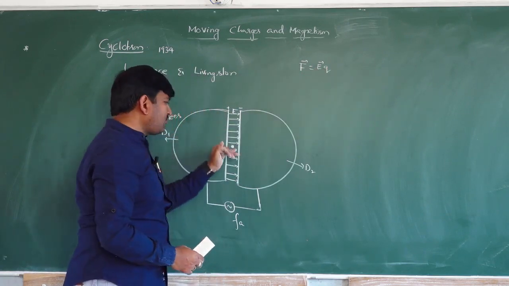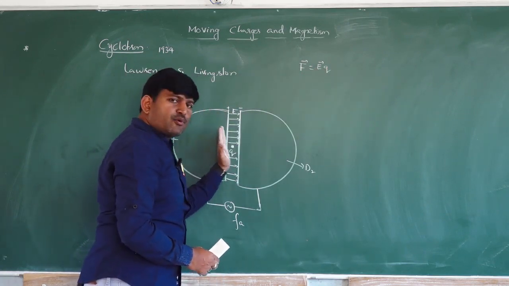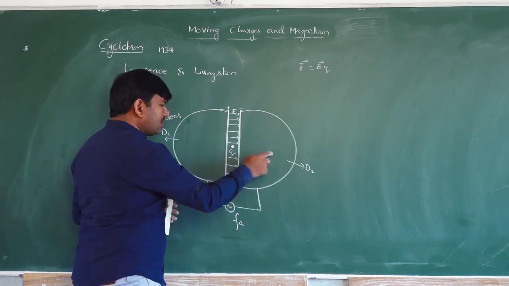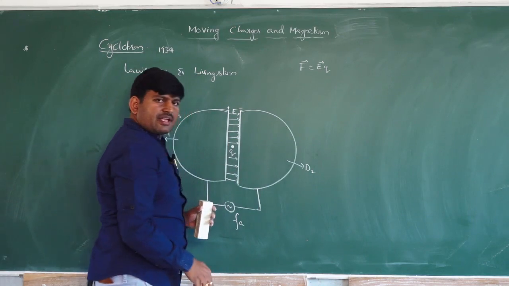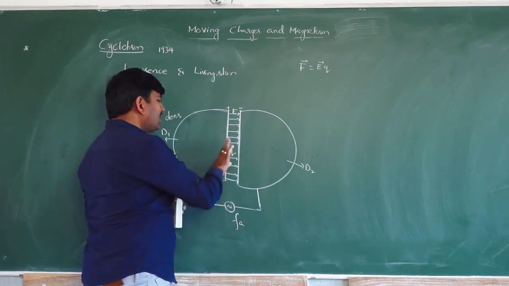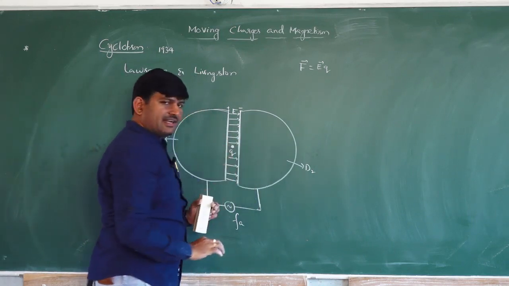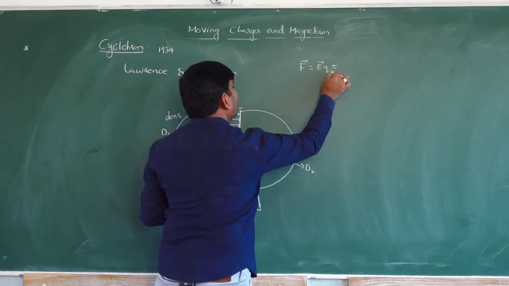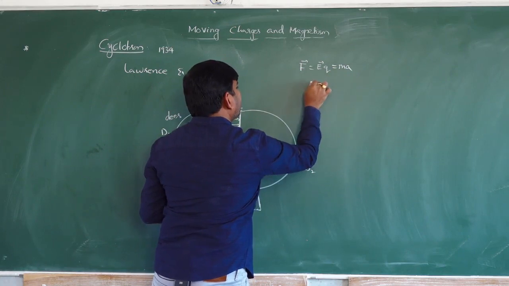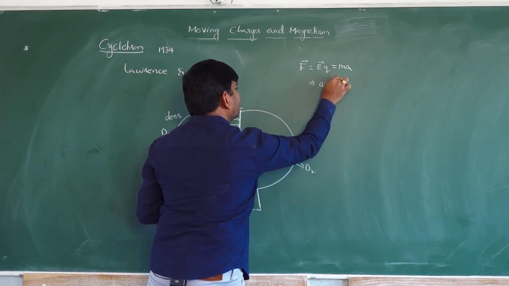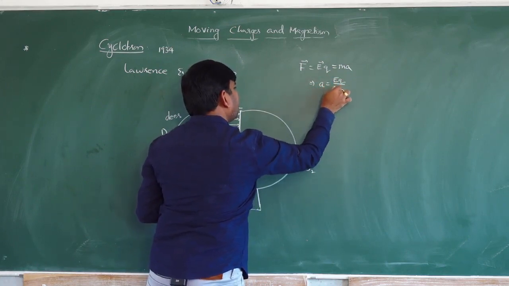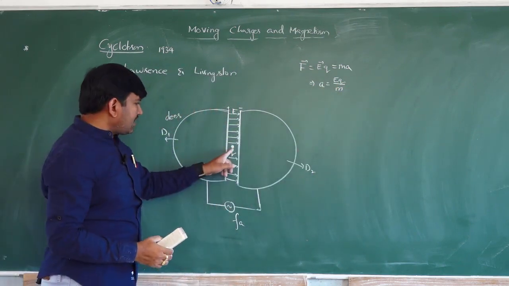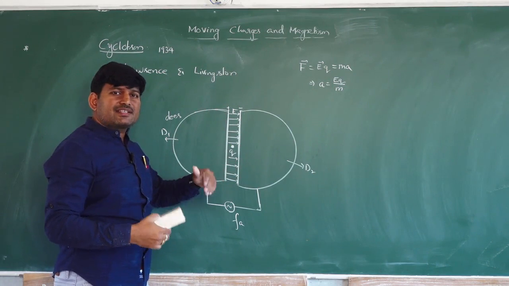Because of this force, the charge is pulled towards the right side D. When it is moving, as F = ma, the charge is getting accelerated. That means due to this electric force the charged particle accelerates, and its speed is increasing.